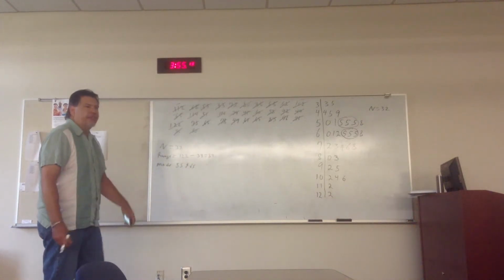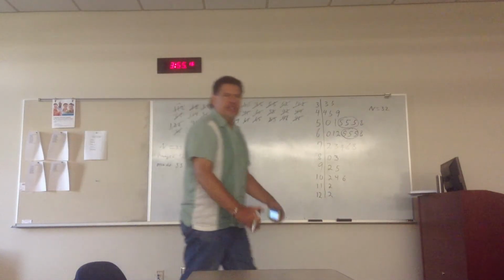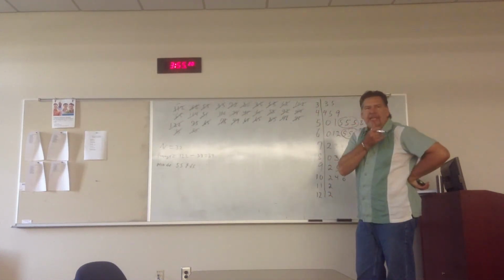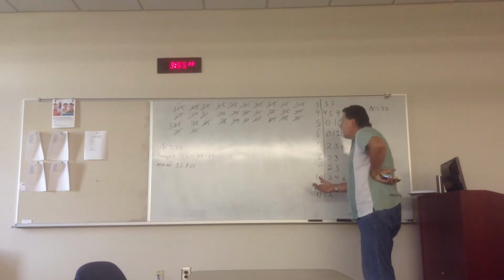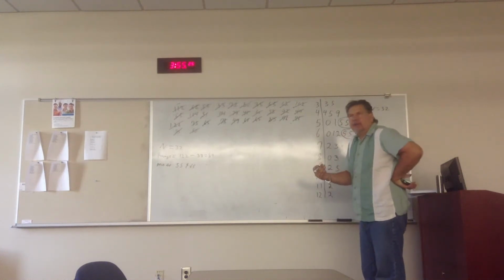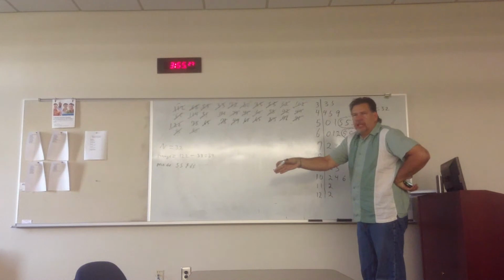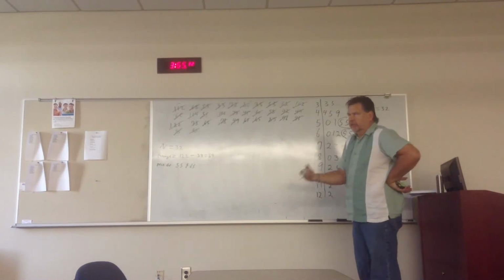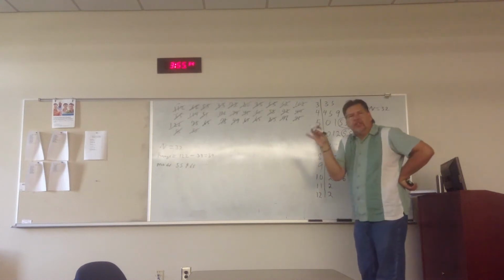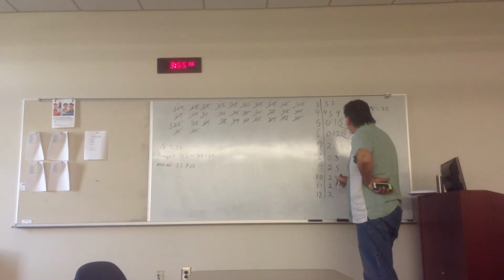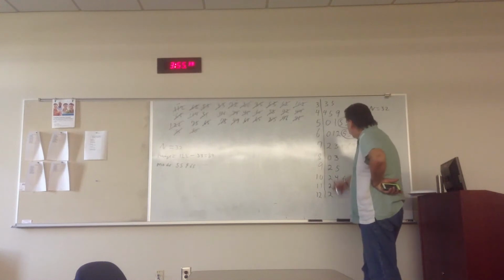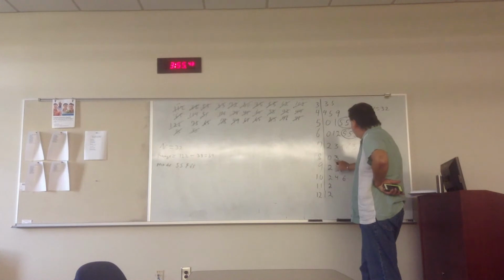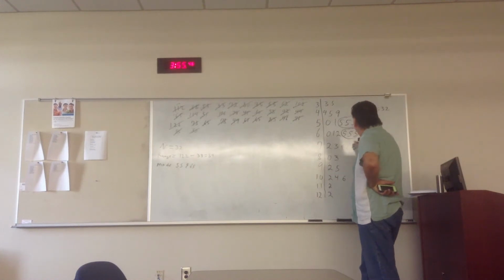Well, the next thing I might want to find out is what my median is. What is right in the middle? Well, if I have 32 data points, then I've got an even number. So I've got 16 numbers to the left of the average, and I've got 16 numbers to the right of the average. So I need to find a value that's right in the middle of that. So basically what I'll have to do is count 16 places. 1, 2, 3, 4, 5, 6, 7, 8, 9, 10, 11, 12, 13, 14, 15, 16.